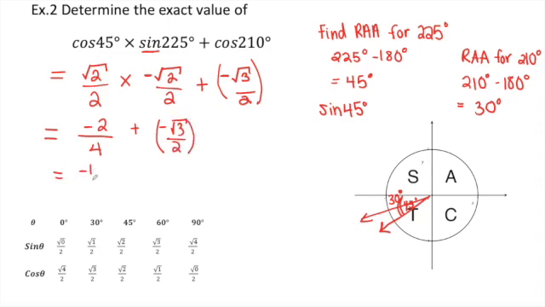This simplifies to negative 1 all over 2 plus negative root 3 all over 2. Since you have a common denominator, we can just go ahead and add those. And we're going to have negative 1, let's get rid of this plus negative, it's ugly. So we're going to have it as negative, and it's root 3, and then all over 2. Remember, you don't add those denominators. It stays the same. So that is your answer there.